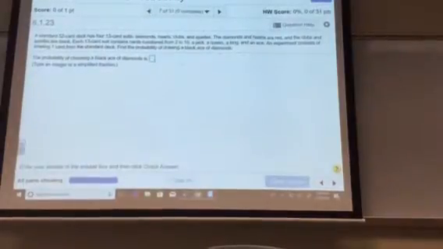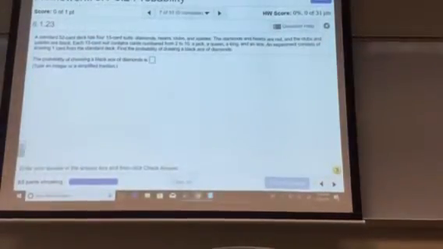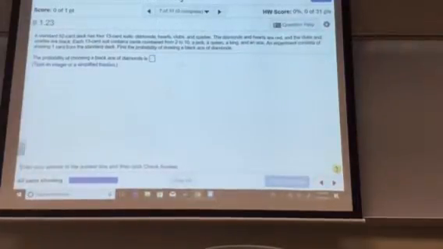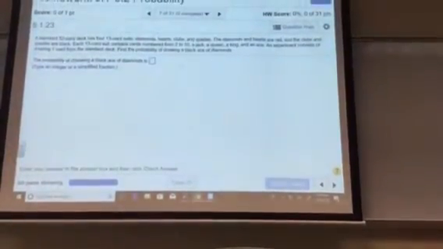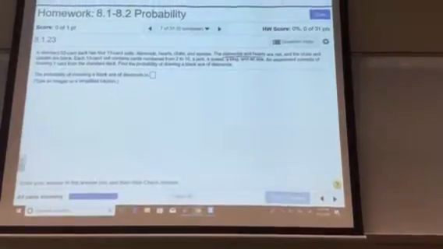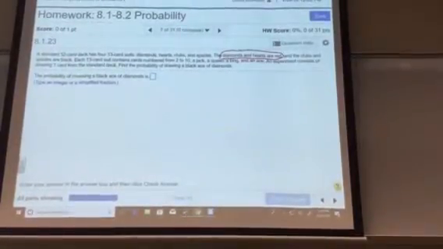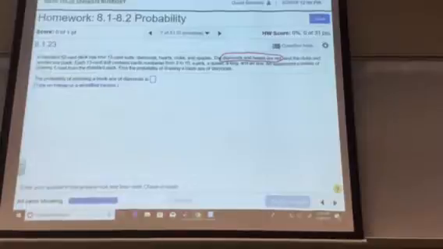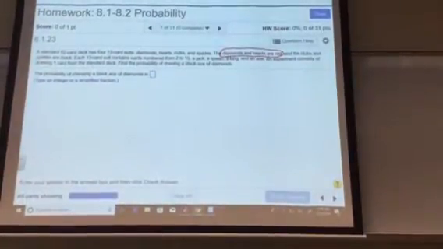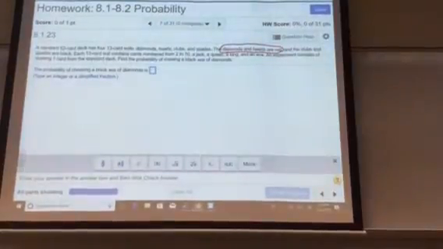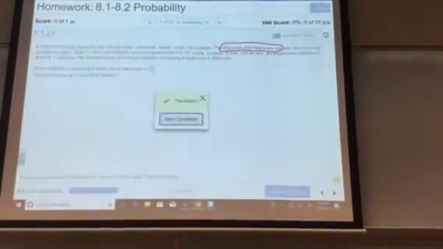Determine the probability of choosing a black ace of diamonds. Is there a black ace of diamonds? And this is one of the few times when your probability is 0.